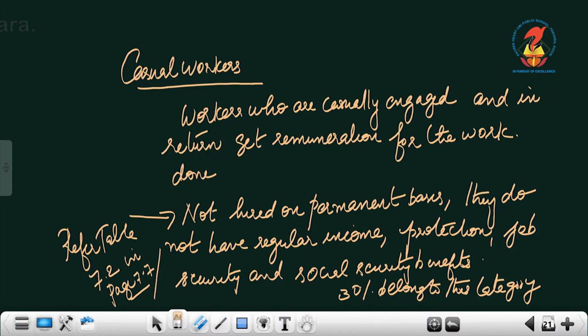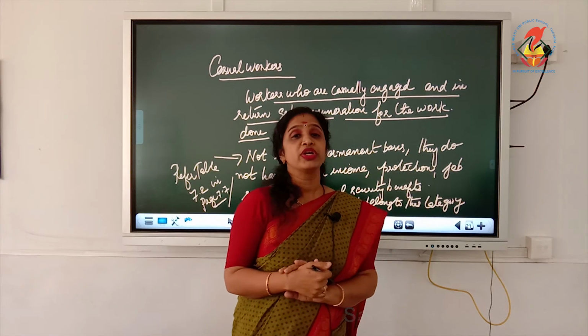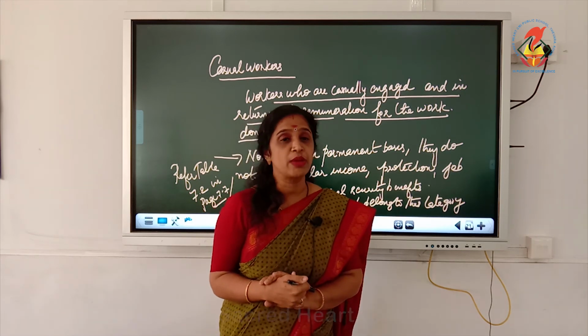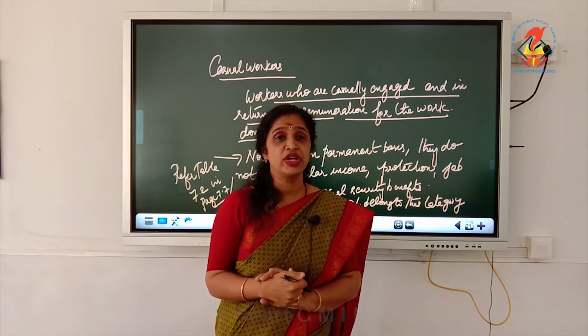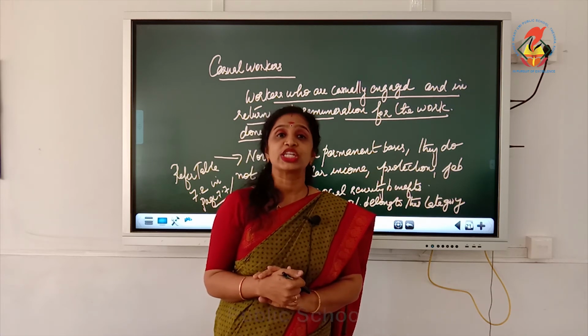Now casual workers: workers who are casually engaged and in return getting remuneration for the work they have done are known as casual workers. They are working on a daily basis. Daily wages is an example for casual workers. Even weekly wages are also an example for casual workers.